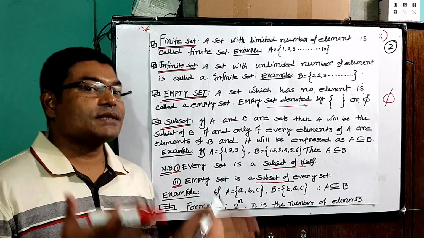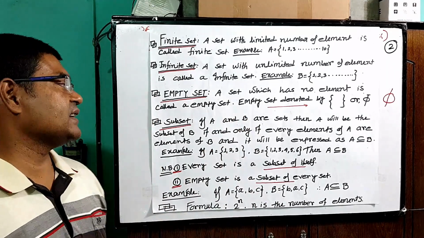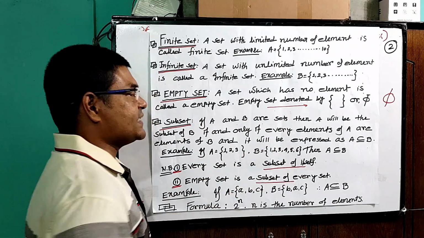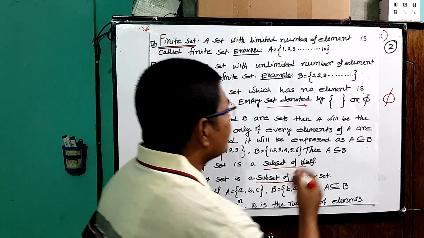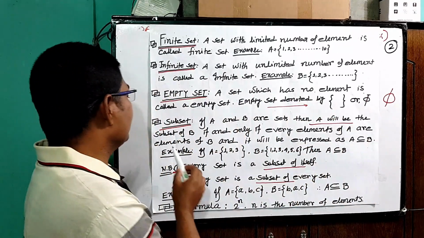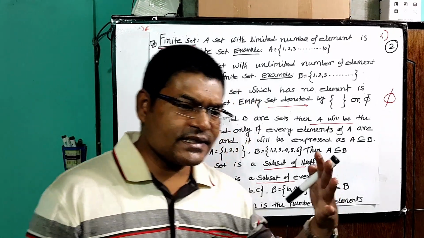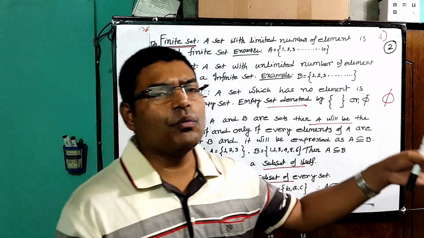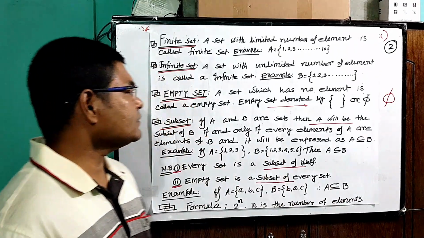Now subset, an important part of this exercise. If A and B are two sets, A will be a subset of B. That means jela and upojela.